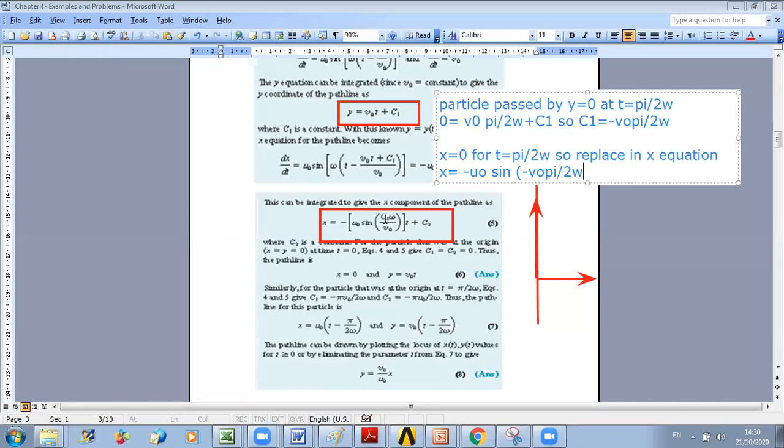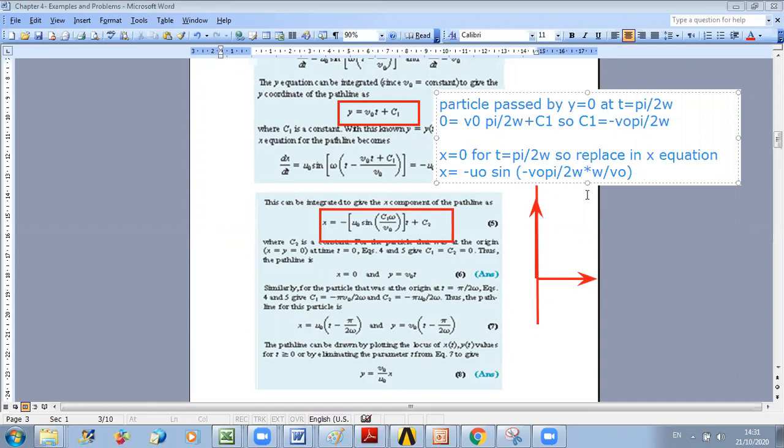Then I multiply c1, as in the equation of x, by omega over v0. So v0 will be simplified, and also omega will be simplified. So I get sine of minus pi over 2, and I should now add plus c2.